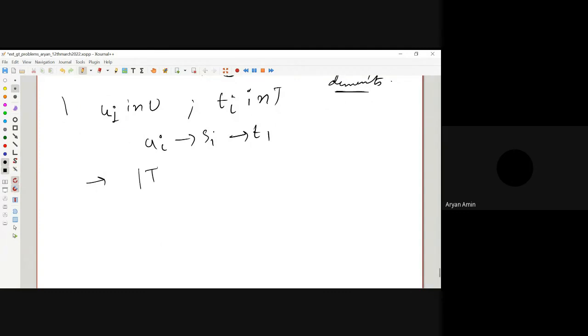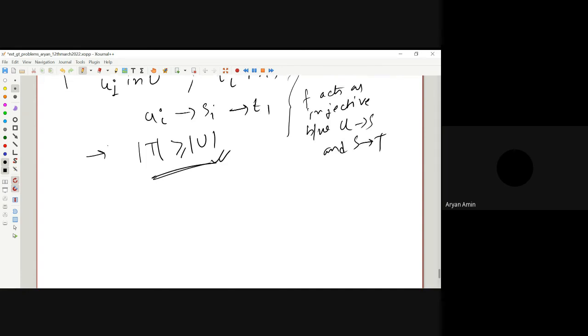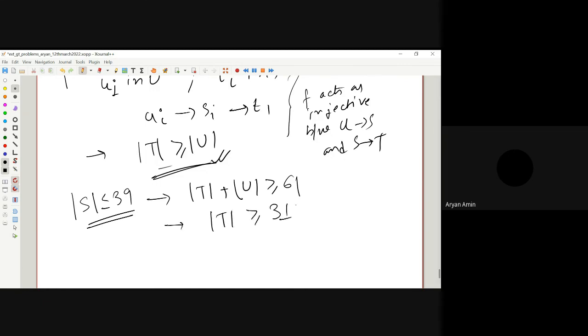So this directly implies that T is at least U. This is because f acts as injective between U to S and S to T, or F square is better probably. So if you knew that S was always this, this implies that T plus U was at least 100 minus 39, that is 61, right? But you know that this also holds, so this implies that T is at least 31.